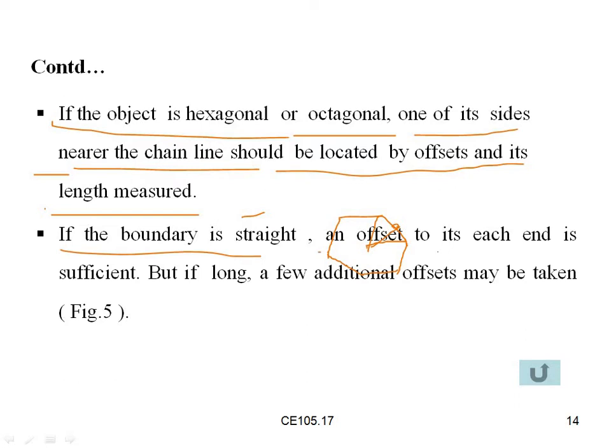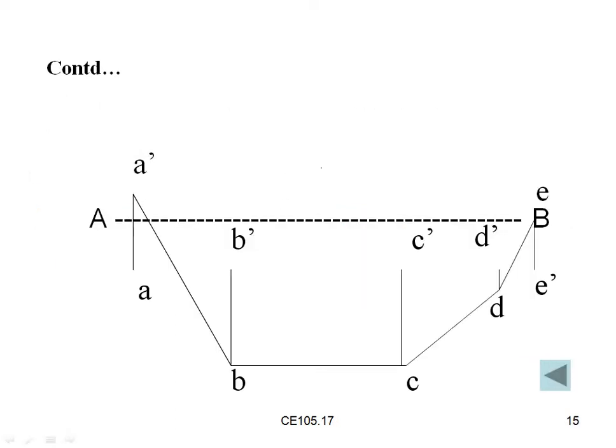If the boundary is straight, an offset to each end is sufficient. But if it is long, a few additional offsets may be taken. Here the diagram is there. AB is the chain line length. At this point we take the offsets.